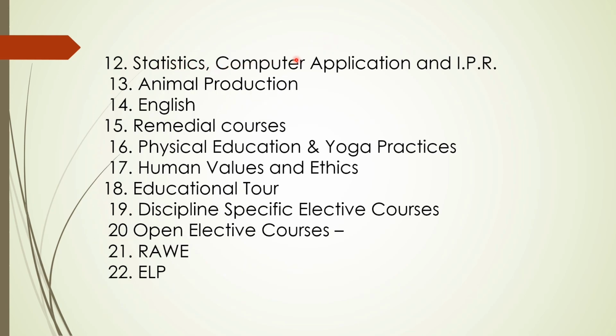Statistics, computer application and IPR, animal production, English, remedial courses, physical education and yoga practices, human values and ethics, educational tour, discipline specific elective courses, open elective courses, RAWE and ELP. These are the different branches we have to study in the entire 4 years of the course.